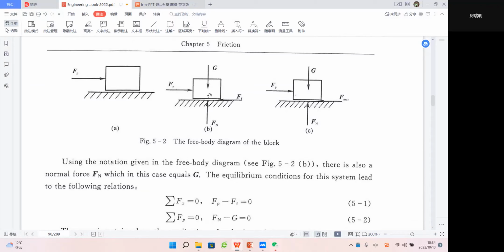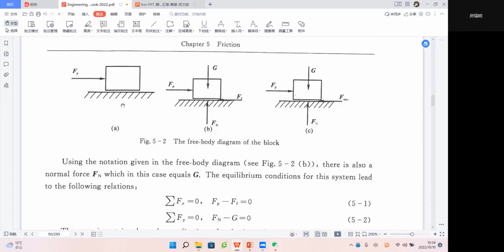In other words, it will be stationary. If this box is stationary, we say it is in the equilibrium condition. So we can do its force analysis and give the equilibrium equations, right?